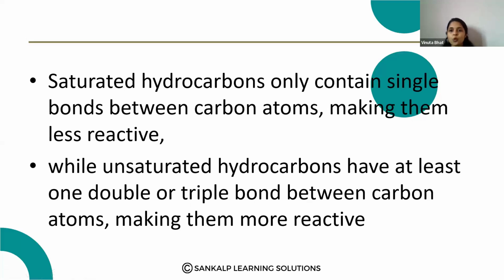Saturated hydrocarbons only contain single bonds between carbon atoms, making them less reactive, while unsaturated hydrocarbons have at least one double or triple bond between the carbon atoms, making them more reactive. You can write the definition of both, and then the second point: saturated hydrocarbons are less reactive and unsaturated hydrocarbons are more reactive. Like that you can write the answer.